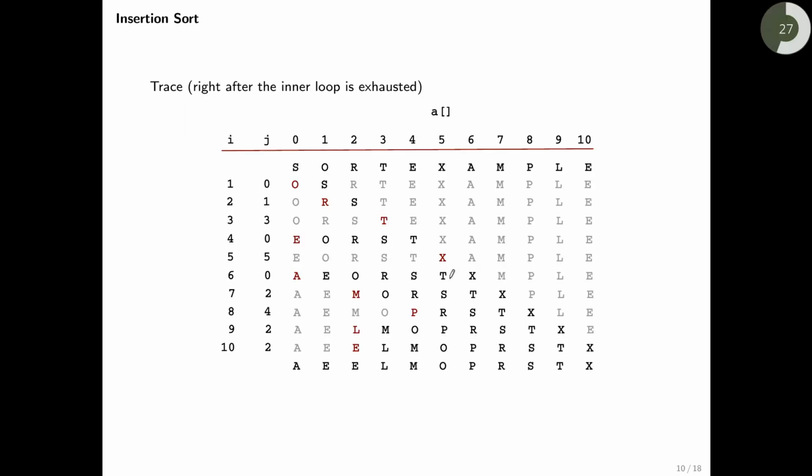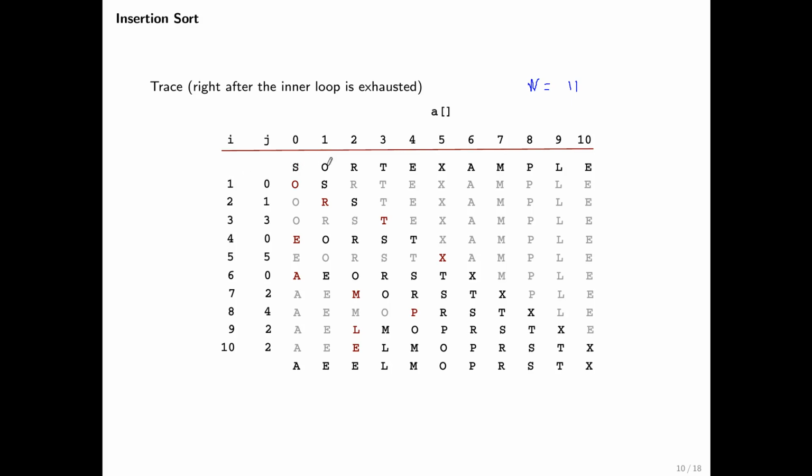So let's now look at a trace of insertion sort, and this trace is right after the inner loop is exhausted, meaning you found the right place for the element at j. So here's our input. These are the strings that are contained in A. So here again n is 11. i starts at 1 and j starts at i.